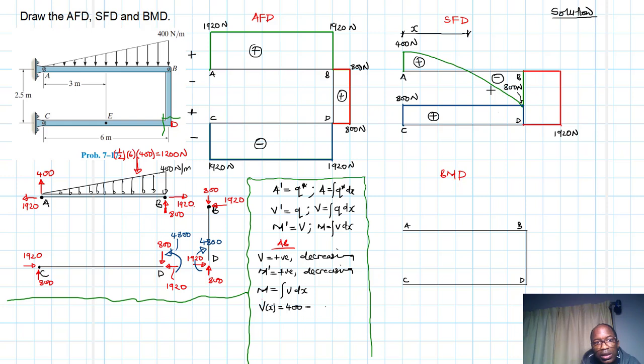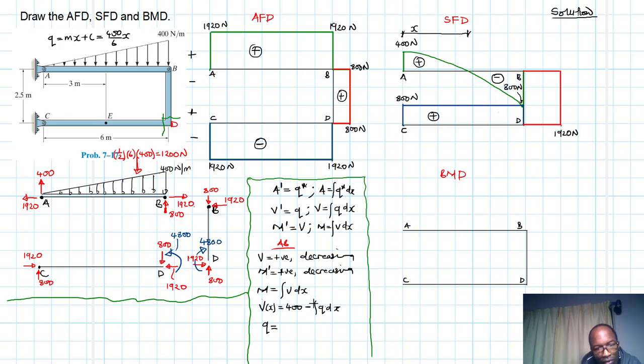Then minus, because we need to subtract. The following shear is we are subtracting by the area under the shear diagram, and that is negative. So minus the integral of q, which is the lateral distributed force, dx. Then our q, we already said, written as a function, becomes 400 divided by 6, the gradient, change in y divided by change in x, then x.